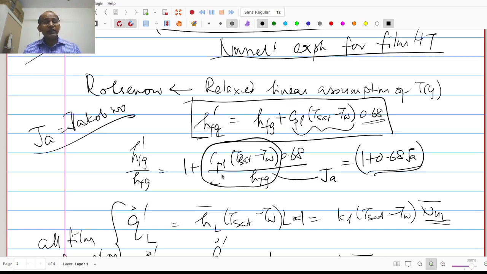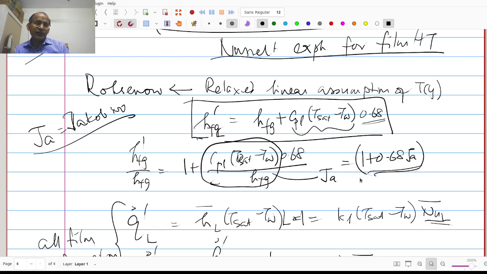So then the Jacob number was defined, which is cpl into Tsat minus T wall divided by hfg. So you get hfg prime is equal to hfg times 1 plus 0.68 Jacob number in Rosenau's expression, whereas it was 1 plus 3 by 8 Jacob number in the case of the Nusselt expression. Okay.